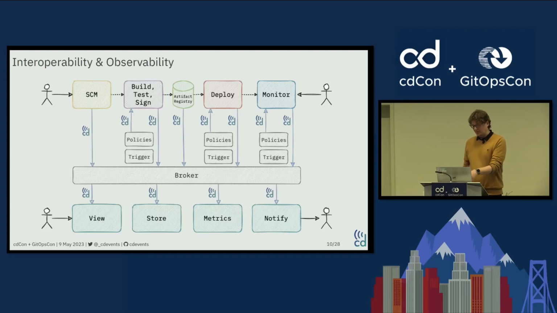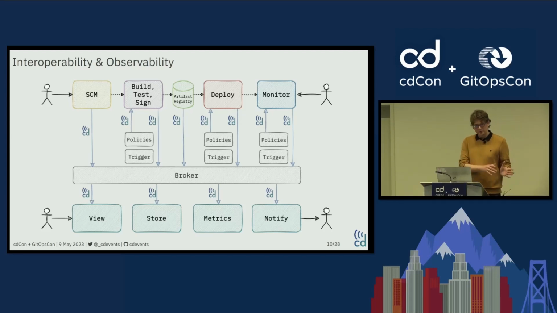The other benefit of collecting all this data and having it in a consistent format stored is that it allows you to crunch the data, do analytics, and build metrics. Some metrics have been quite popular in the past years, like the DORA metrics, where you measure a certain aspect of your CD processes, like how much time it takes for a change when it's written to get to production, or how often you deploy to production, and those kinds of metrics.